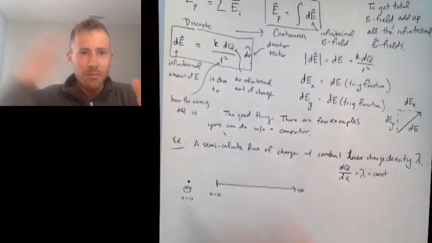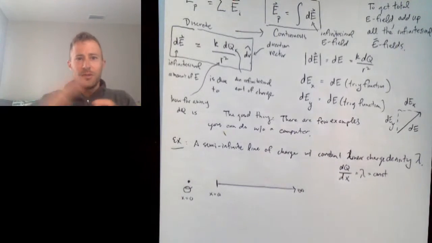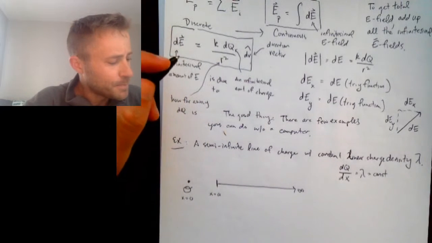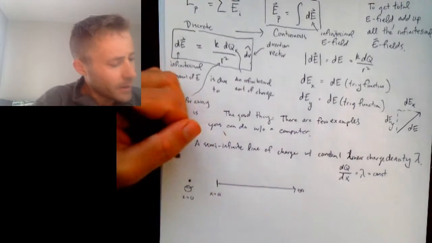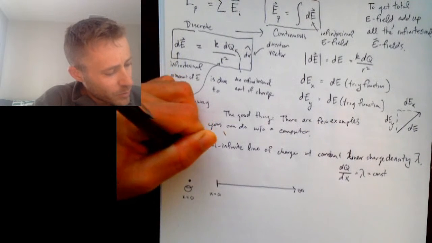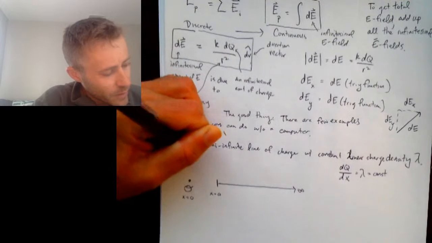An infinite line of charge would go from negative infinity to infinity. What we want to do is calculate the electric field vector at the origin.